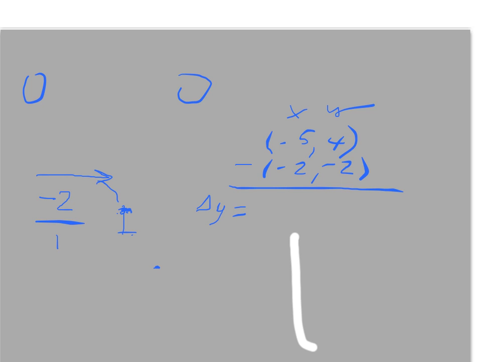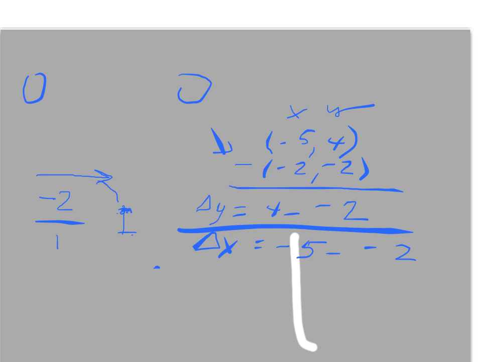So delta y, 4 minus negative 2, over change in x is equal to negative 5 minus negative 2. So 4 minus a negative 2 is positive 6, over negative 5 minus a negative, plus a positive. Well, that's going to give me negative 3 on the bottom.